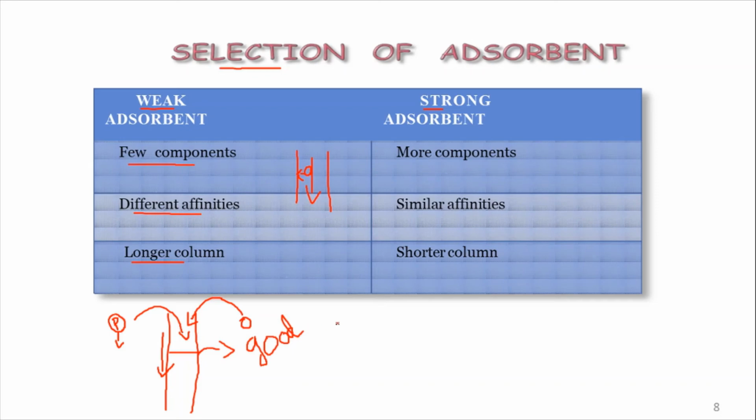You know very well, each stationary phase or adsorbent has uniform adsorption by one or two bonds, like electrostatic bonds or affinity bonds.